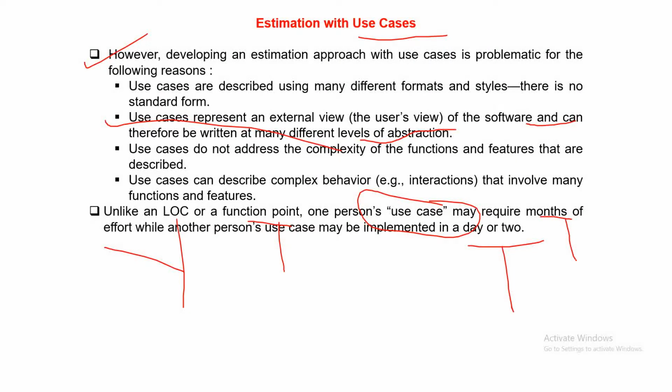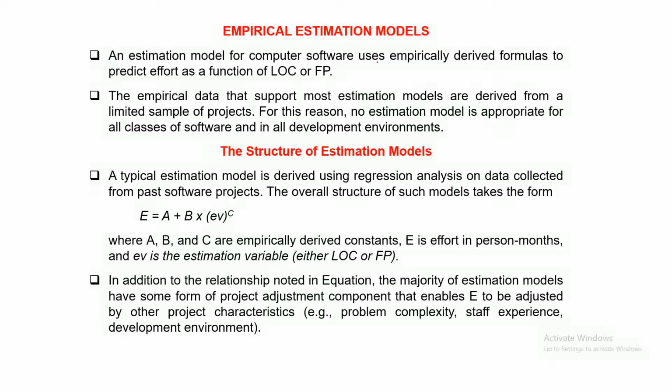An estimation model for a system uses empirically derived formulas to predict effort as a function of LOC or FP. Since you want to use LOC based estimation or FP based estimation, a set of formulas have been proposed, and using those formulas, you can get your estimation values.